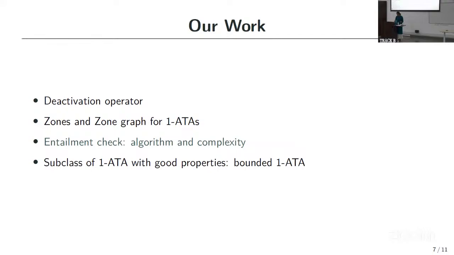I won't have time to go over the entailment check, but it is important for the termination of a zone graph in this setting. It exists and we did work on that. I will also be discussing a subclass for 180 where the zones have good properties, something that can be studied further, called bounded 180.